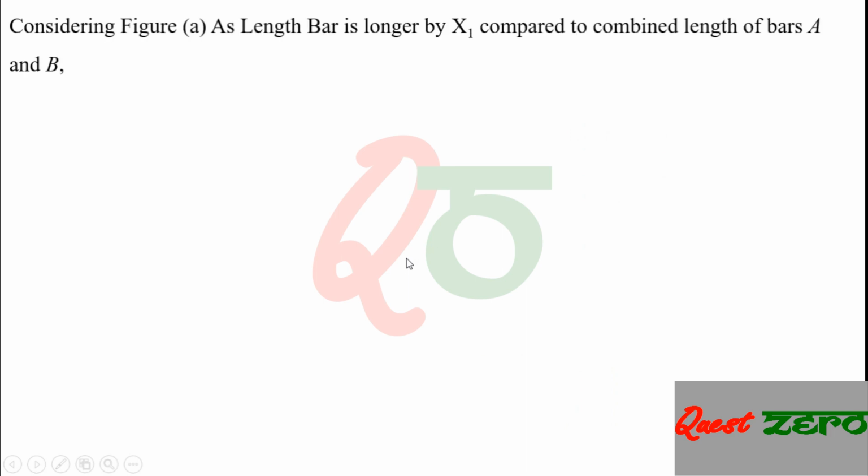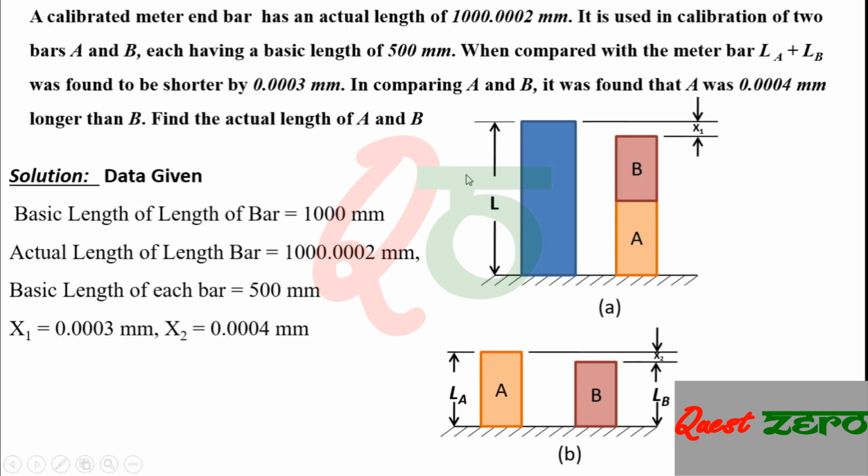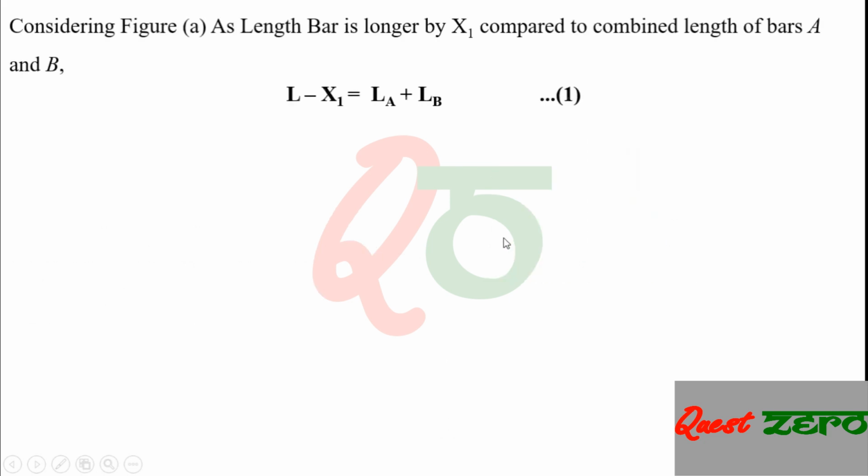Considering figure A, with the length of A as LA and the length of B as LB, L is equal to LA plus LB plus x1, or L minus x1 is equal to LA plus LB. So this is what we first write: L minus x1 equals LA plus LB.